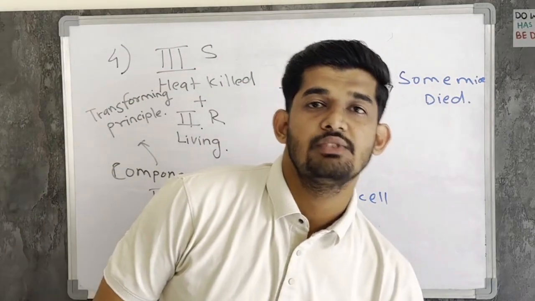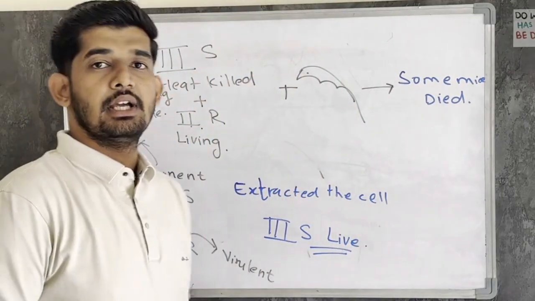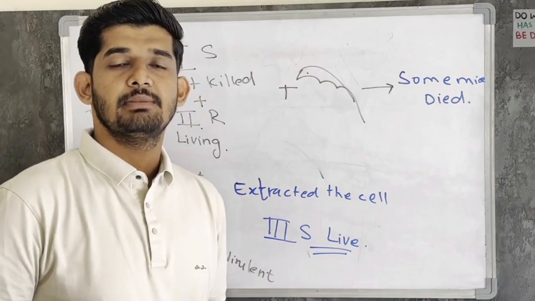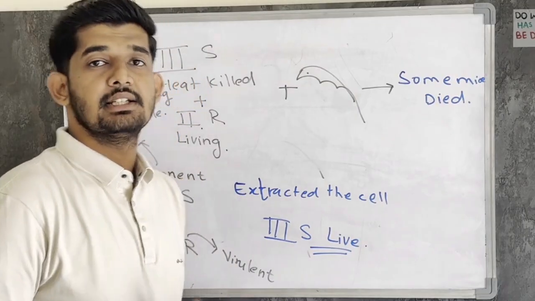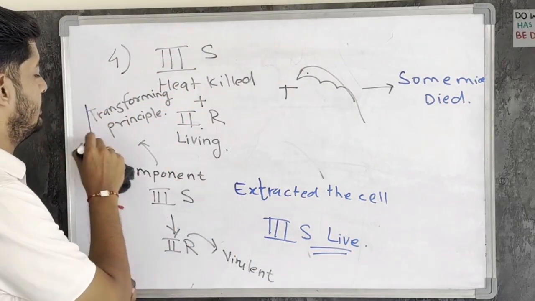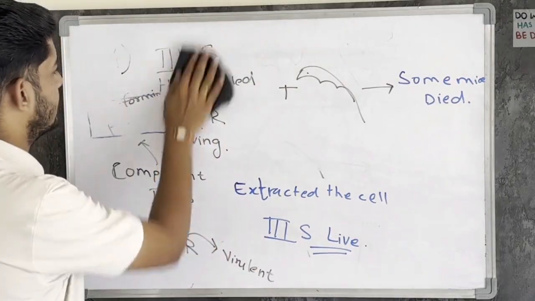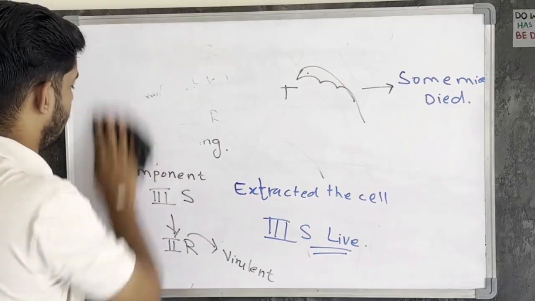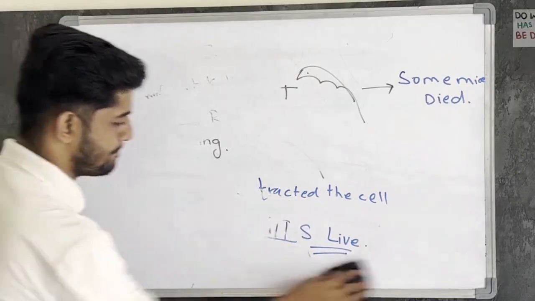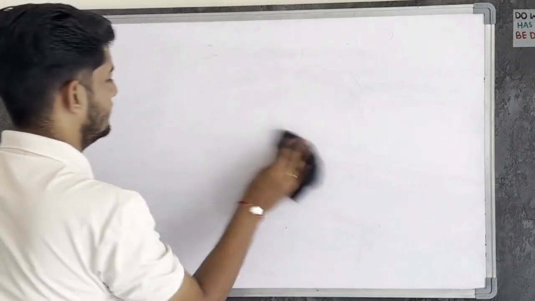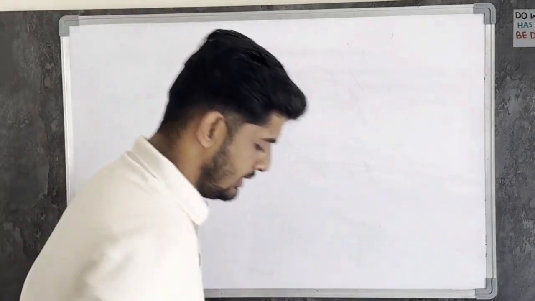Now, in the year 1944, Avery, MacLeod and McCarty conducted an experiment to assess the biochemical nature of this transforming principle. So we will see the experiment conducted by Avery and co-workers in 1944.